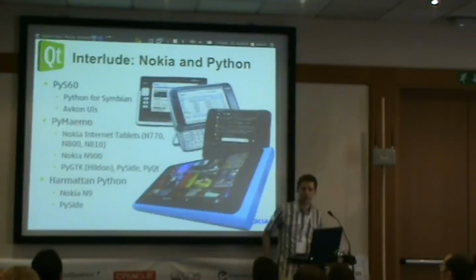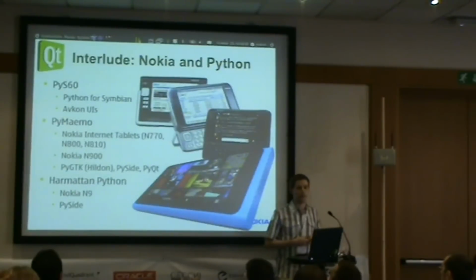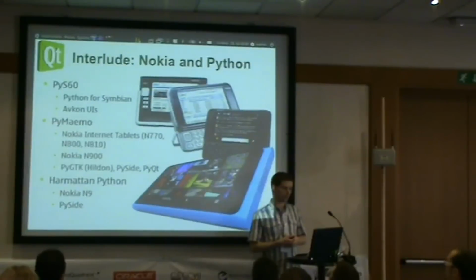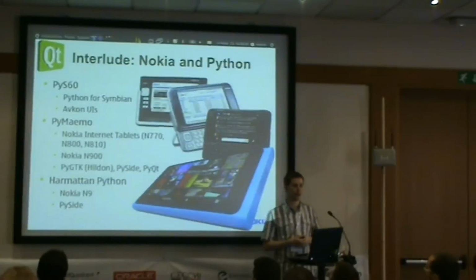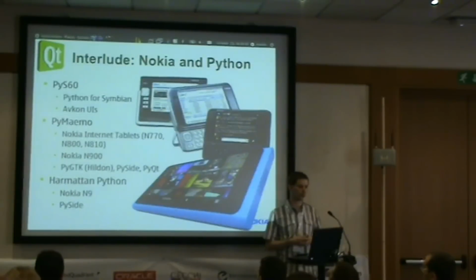Okay, another side step. I'm going to describe a bit about Nokia's involvement with Python. Nokia has a pretty long history there. First, in the Symbian world, there used to be the PyS60 project, providing Python and basic bindings for the Symbian platform.